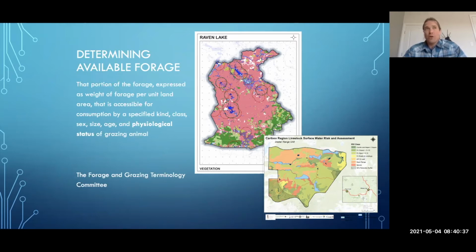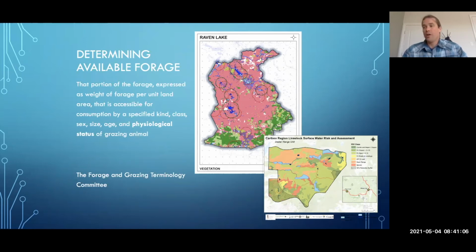And then we also need to acknowledge the ecological and environmental values that we place on the landscape, and how much forage is actually available to livestock within these complex landscapes, which is essentially what they can access to eat, including these safe use factors that acknowledge our ecological values.